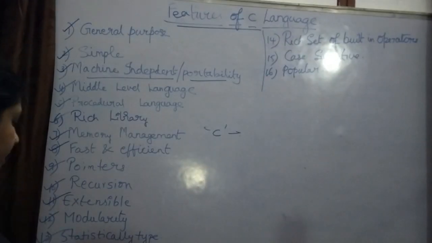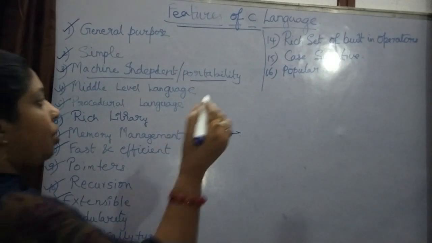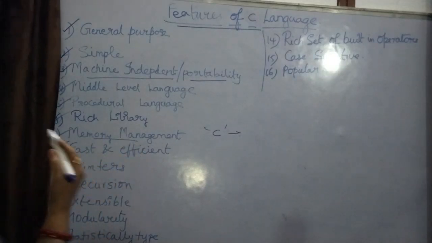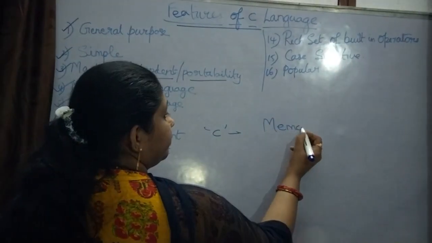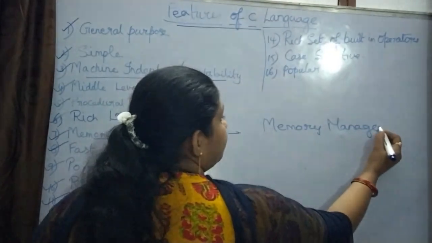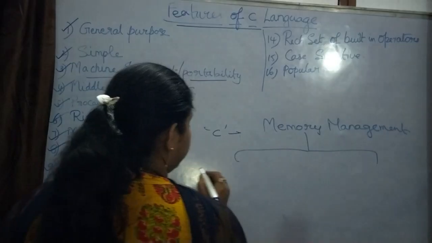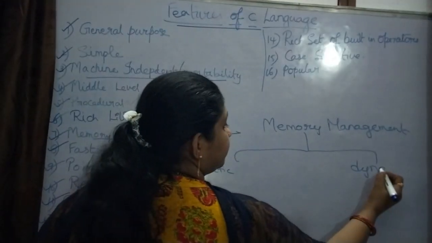Next is statically typed. Now what is static? Already we have discussed dynamic type in memory management. Now I will explain memory management. In memory management, there are two types: one is static and one is dynamic.